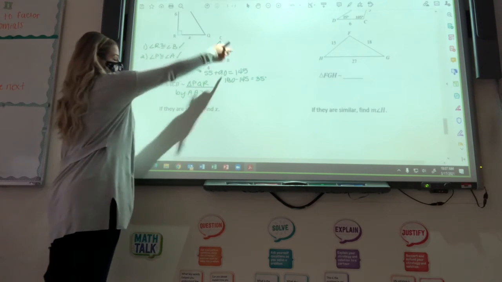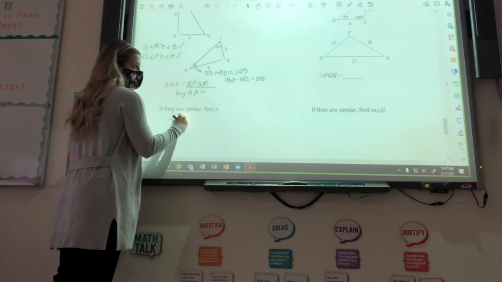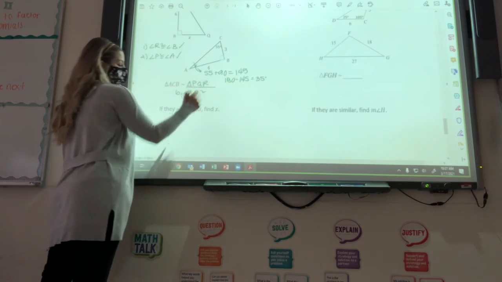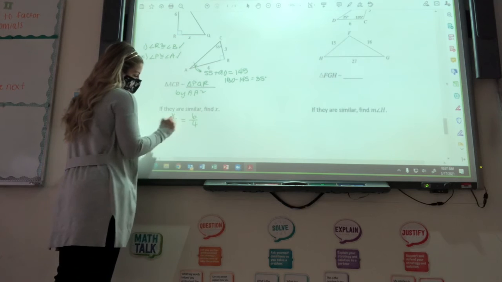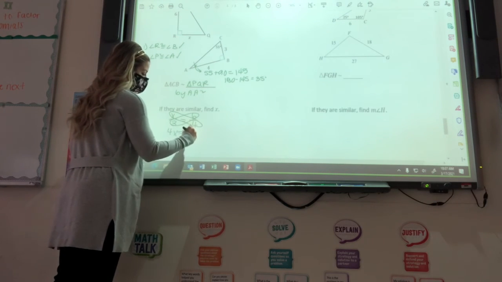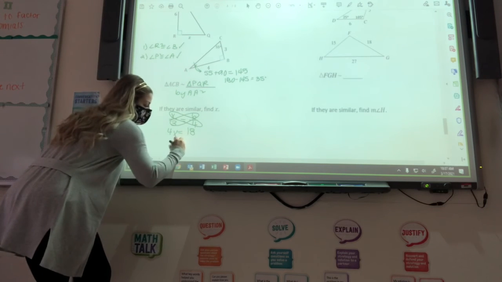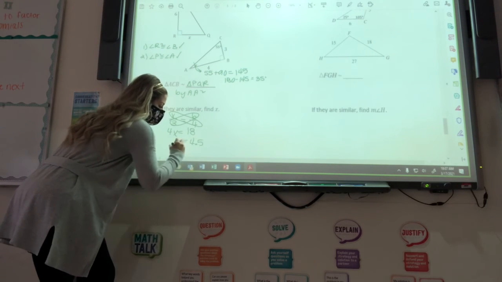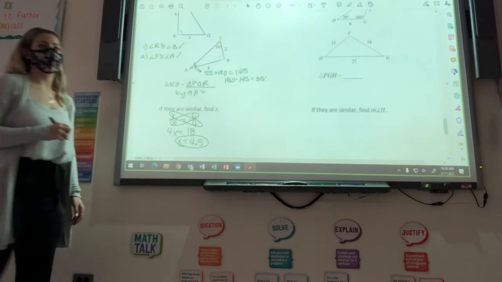So X to 3 because those are the two smaller sides, and then 6 to 4. Cross multiply, divide by 4, so X equals 4.5.